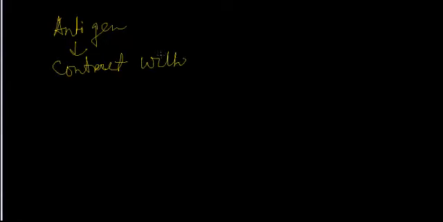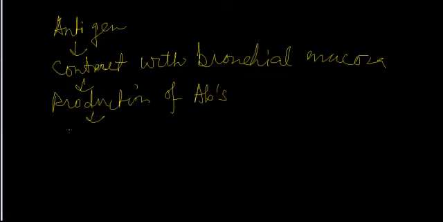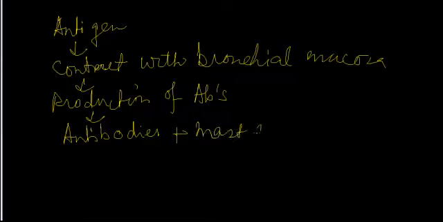So you see this sequence of events. Some antigens come. It leads to allergy by contacting the bronchial mucosa. There is production of antibodies. Antibodies attach to the mast cells, which are resident cells of the bronchioles.